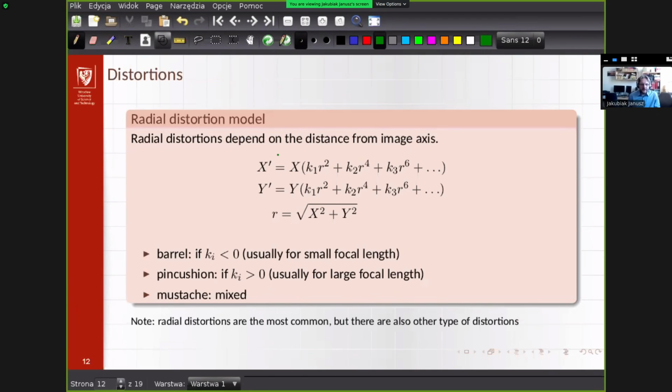It generally looks like this: the displacement of the point in x and y depends on the real x and y, and some coefficients multiplied by the radius in even powers of the radius.